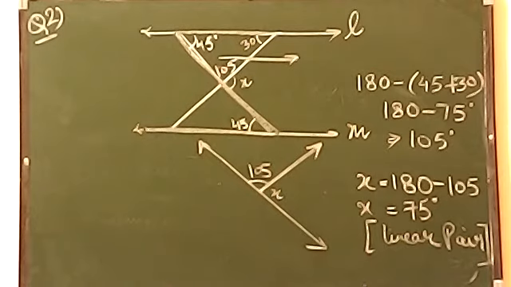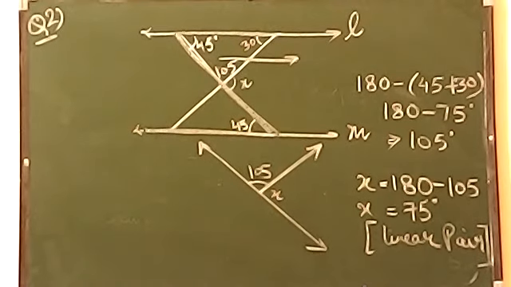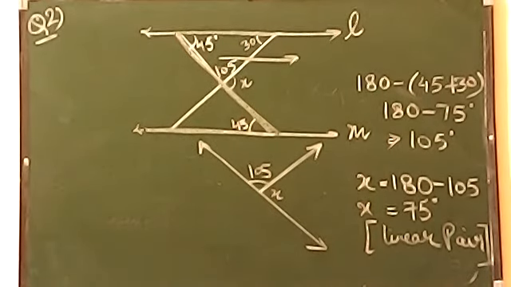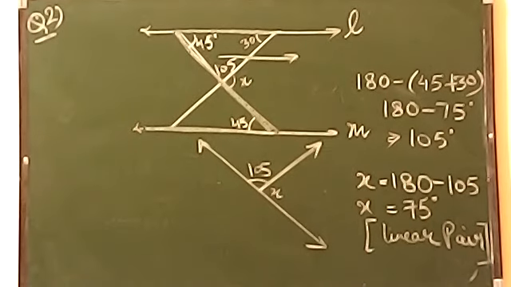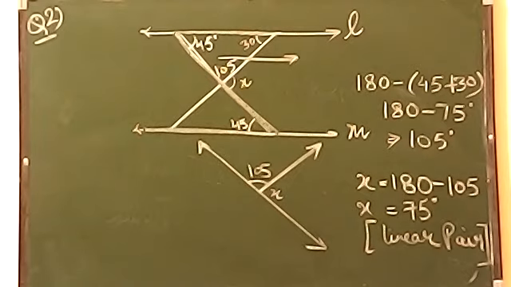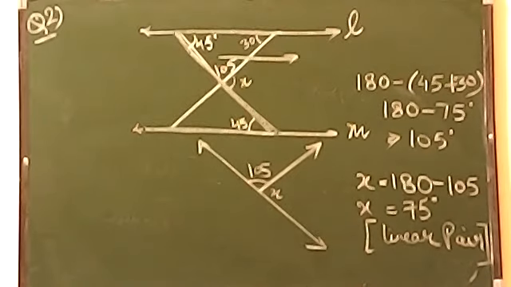It means in a triangle we got two angles, and whenever in a triangle we get two angles and we have to find out the third angle, we can always use the property of angle sum, and due to angle sum property we will get the third angle as 105. And जैसे आपको 105 मिलेगा बेटा, you can see we are using here the property of linear pair, and we will find out the value of x in this case.